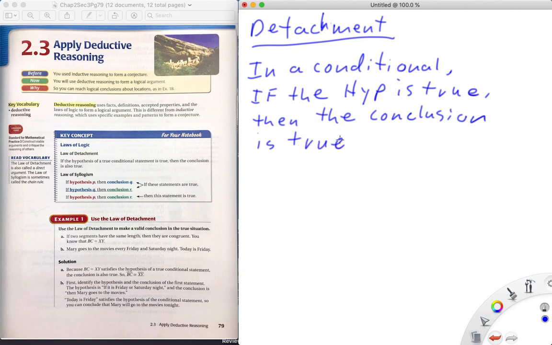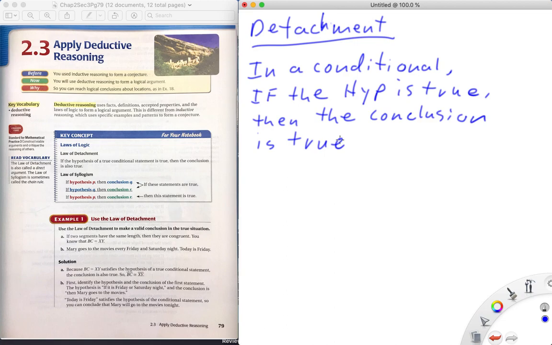That is the law of detachment. In the law of detachment, we're given a conditional. After we're given the conditional, we're told the hypothesis must be true, and if the hypothesis is true, then the conclusion of our conditional must be true.